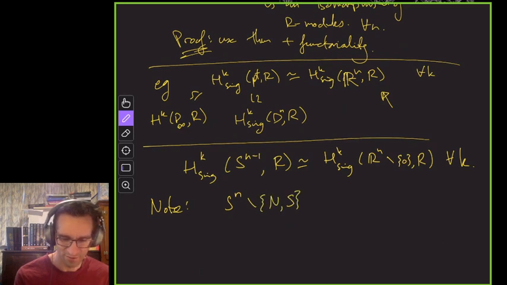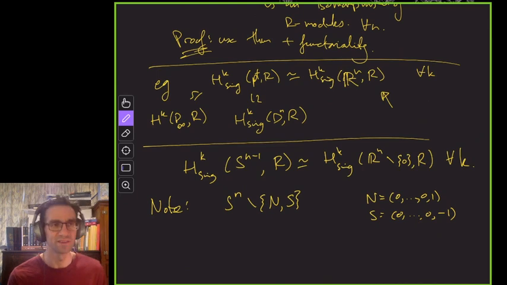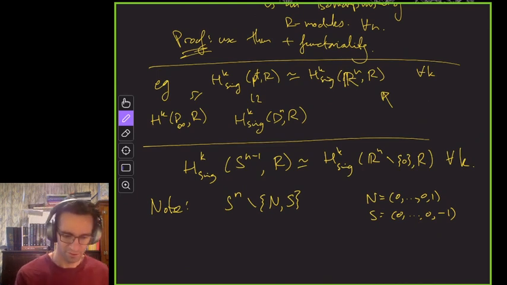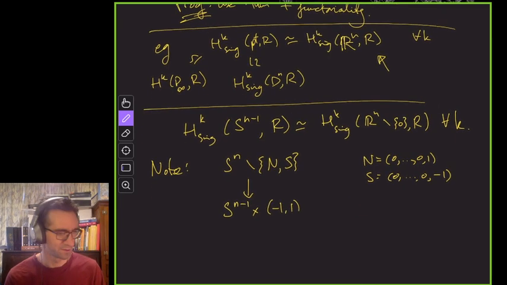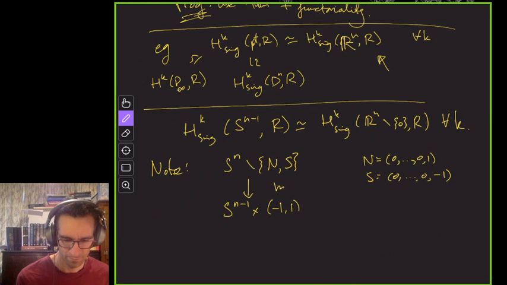Let's take an n-sphere and remove its north and south poles, where they are the points with coordinates plus or minus 1 in the last slot. I can write down an explicit homeomorphism to S^(n-1) times this interval here. What does it do? It sends (x_0 up to x_n) to, now I truncate my vector.